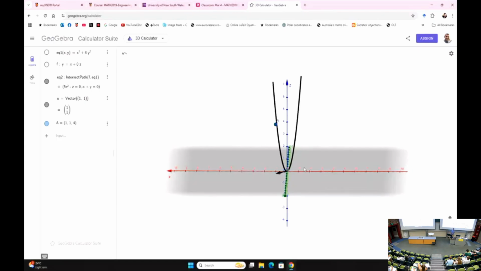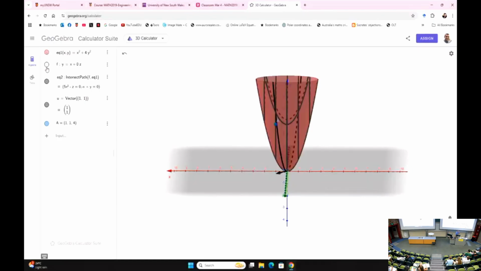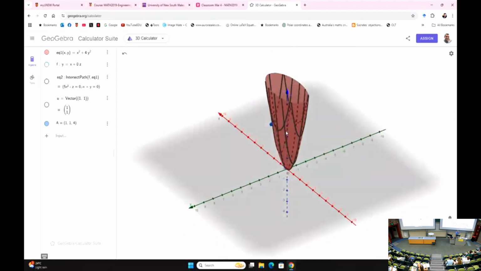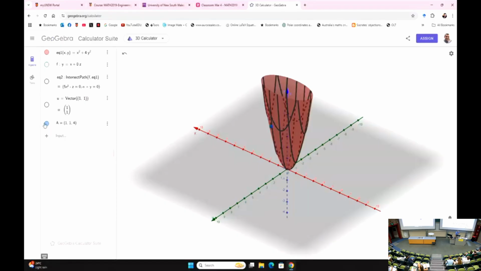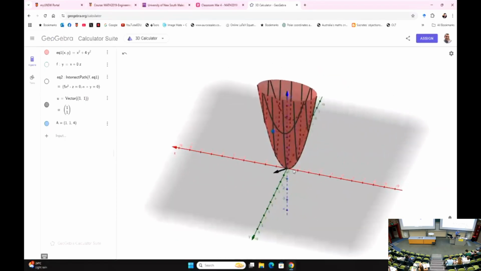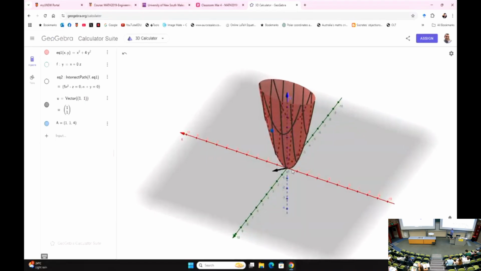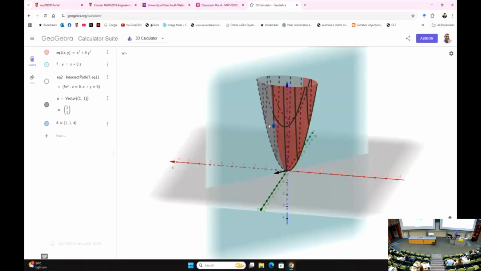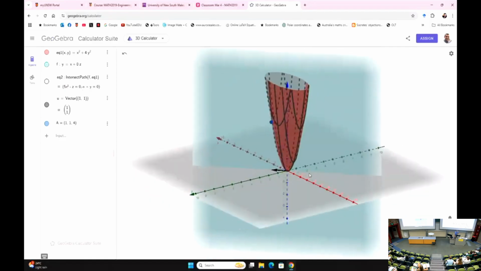You start off with something like that. You've got a surface, and you've got a point on the surface, and you've got a vector that points in some direction. And the idea is to understand the slope of the surface at that point in the direction of the vector. So what do you do? You find a plane that contains the point and is parallel to the given vector.